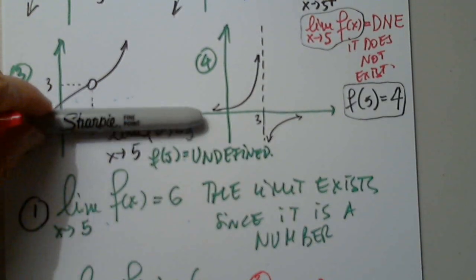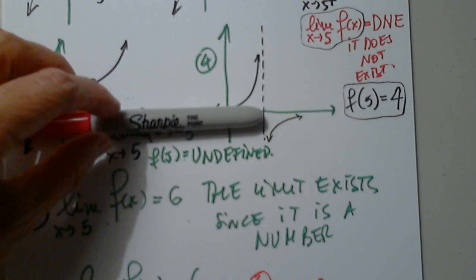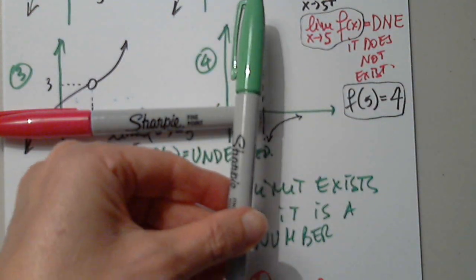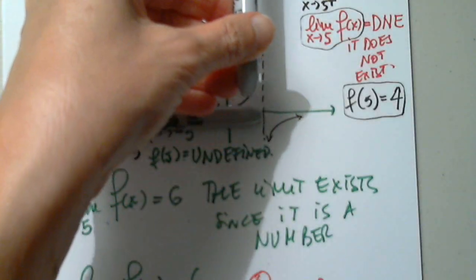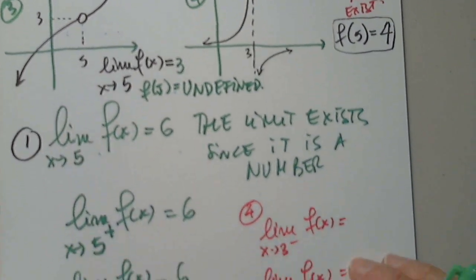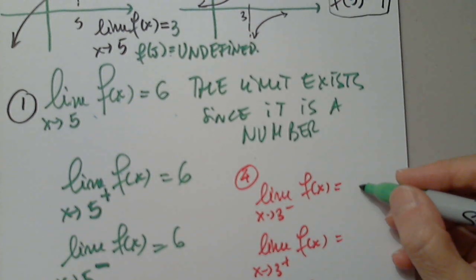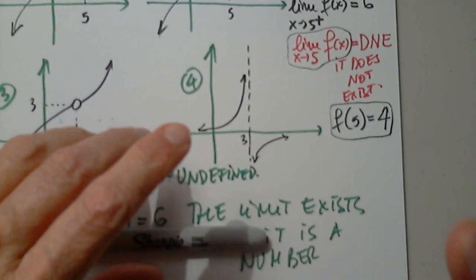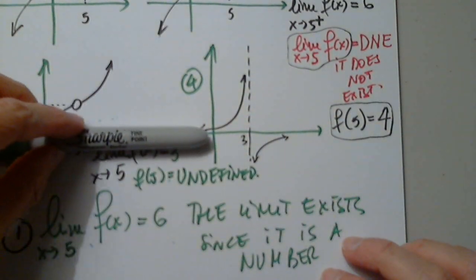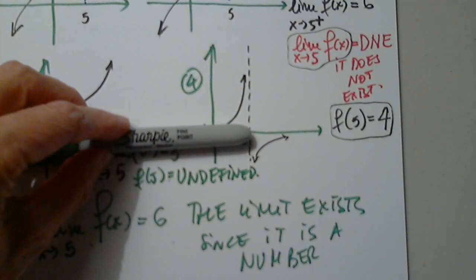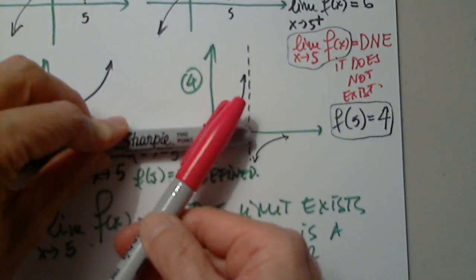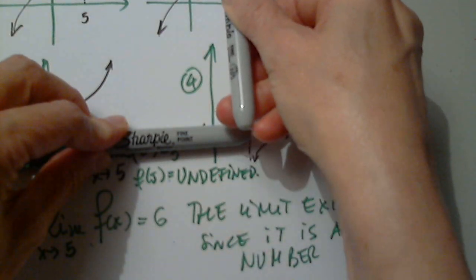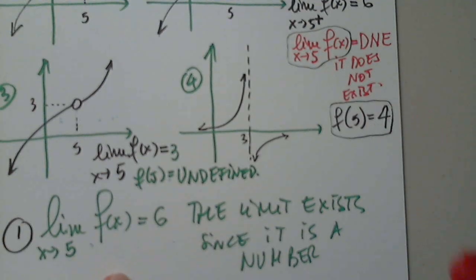As x approaches 3 from the left, the function values get closer and closer to what? Three. One more time. When x approaches 3 from the left, the function values get closer and closer to infinity. Exactly. Awesome.